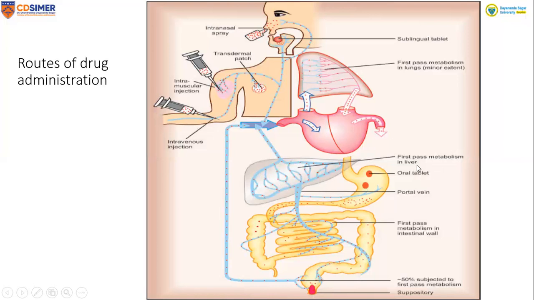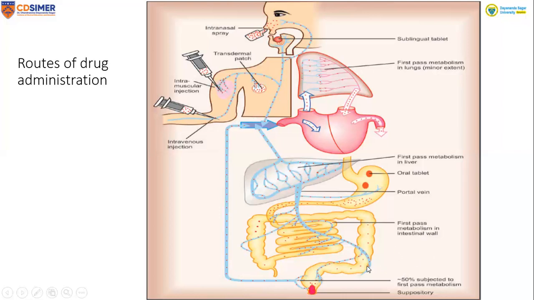Okay, so in the liver what happens? First pass metabolism can happen. And first pass metabolism not only can happen in liver, it will also happen on the mucosa of the GIT, and also if you are giving inhalation route, in the lung also some amount of first pass metabolism or some kind of destruction of the drug can happen.